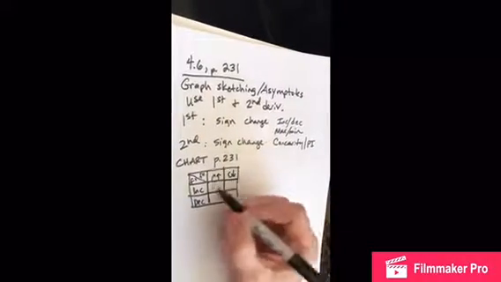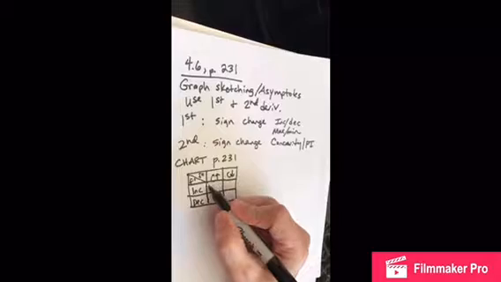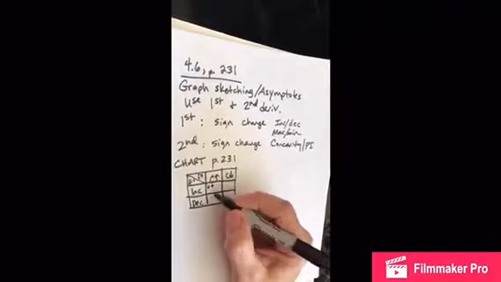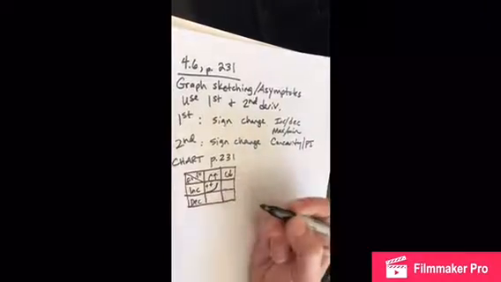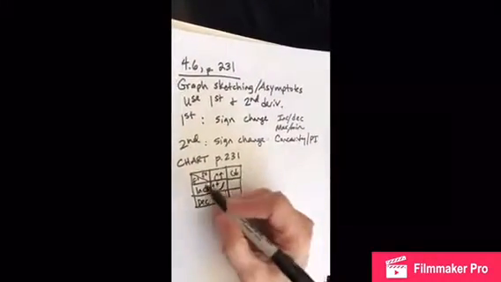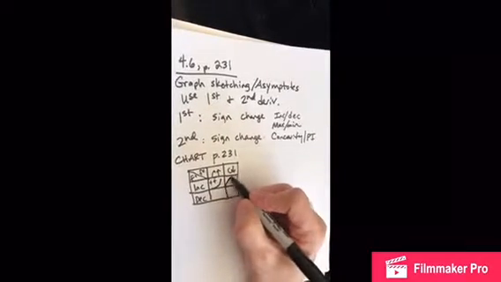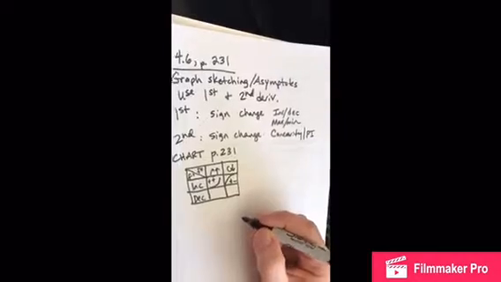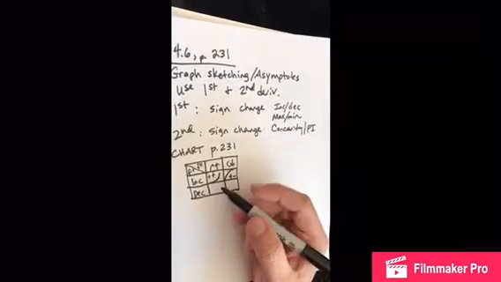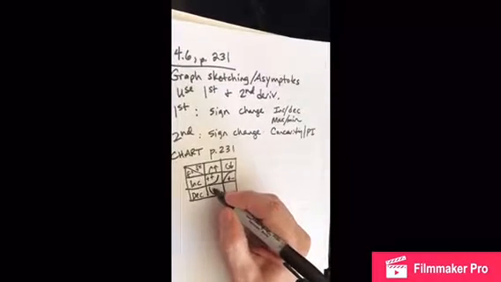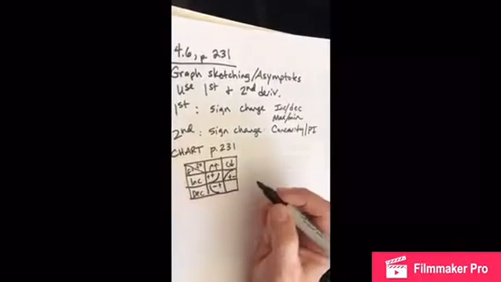Okay. So if it's increasing and it's concave up, that's positive first derivative, positive second derivative, and it's going to look something like this. So that's concave up and increasing. If it's concave down and it's increasing, it has to look like this because you have a positive first derivative and a negative second derivative. If it's decreasing and it's concave up, it has to look like this because you have a negative first derivative and a positive second derivative.